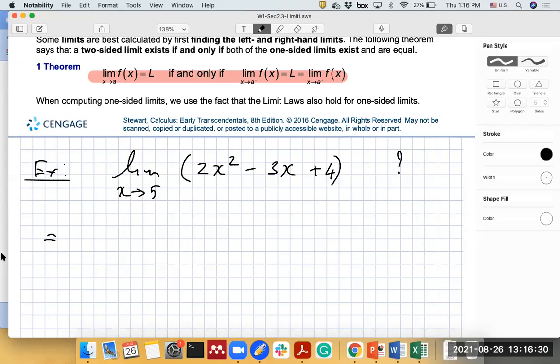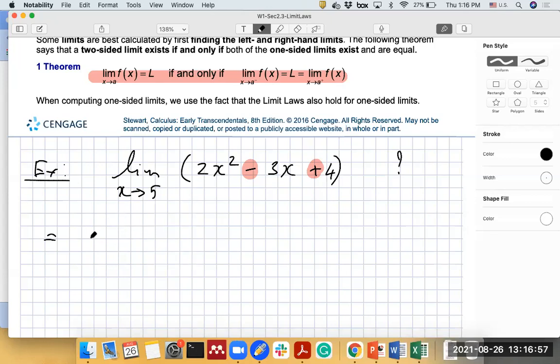Do you get an answer yet? Okay, let's do it together. First, this is the limit of a difference and a sum at the same time, right? So, which law should we use? The summation and difference rule.